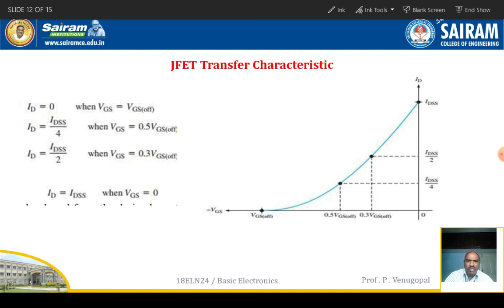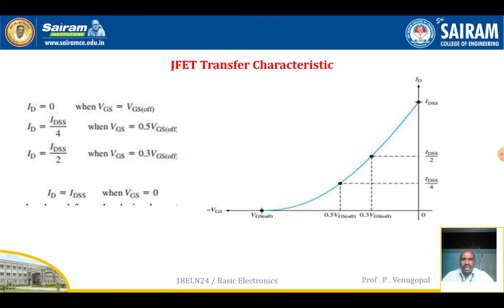When VGS is 0.5 VGS off, you will get ID equal to IDSS by 4, and ID becomes IDSS by 2 when VGS is equal to 0.3 VGS off, and ID becomes IDSS when VGS is equal to 0 volts. So this is the JFET transfer characteristics, and you are observing that the JFET is operating with the gate source PN junction diode reverse biased.